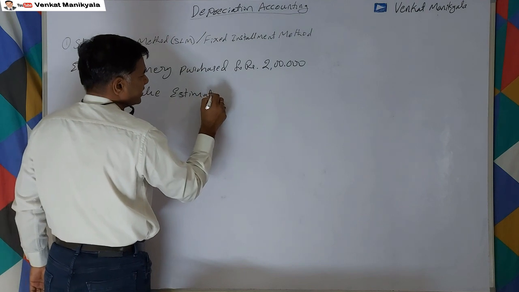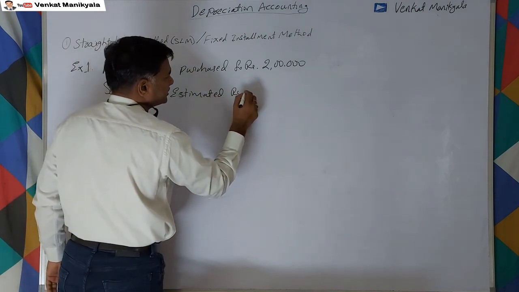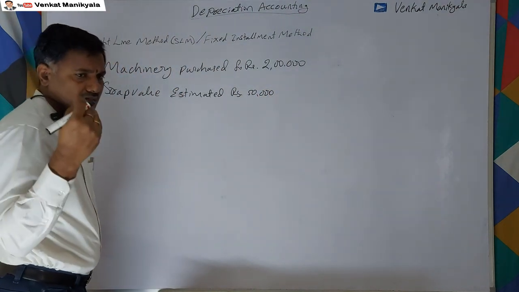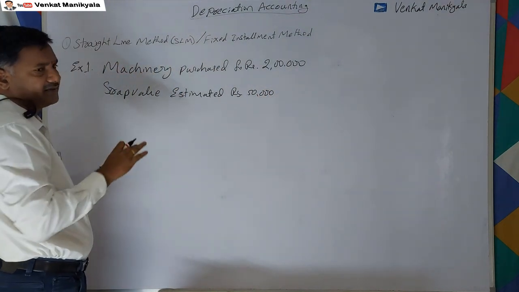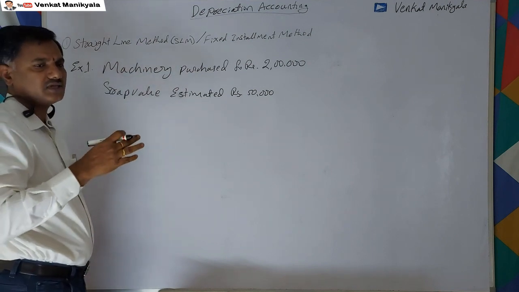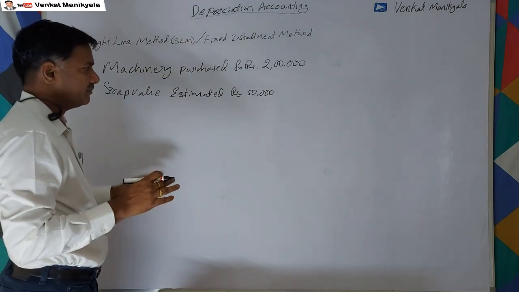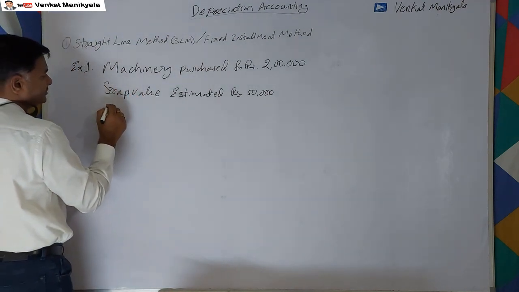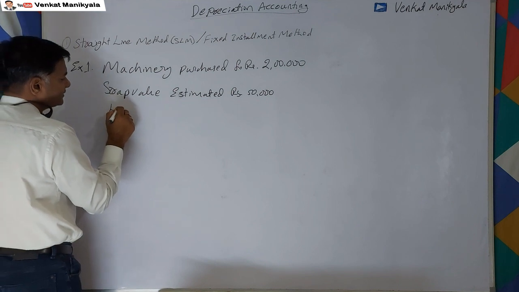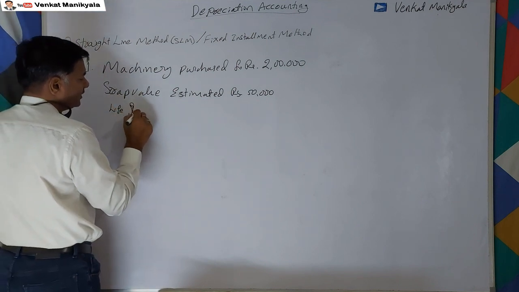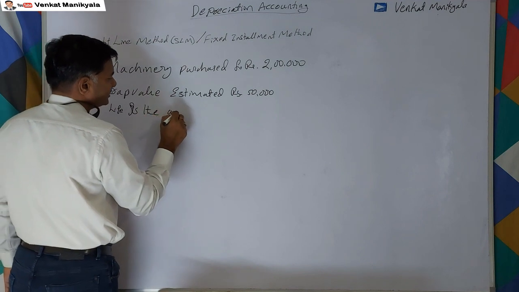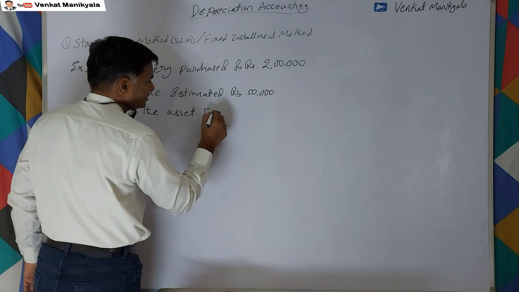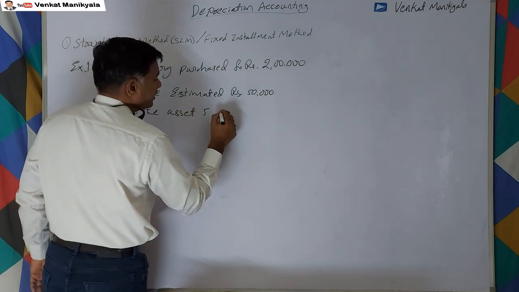Estimated scrap value is rupees 50,000, right? At the time of selling the asset, it may vary, 55,000 or 52,000 or 42,000, like that. It may vary, but the estimated scrap value is 50,000, right? Life of the asset is also always an estimation, right? So the estimated life of the asset is 5 years, right?